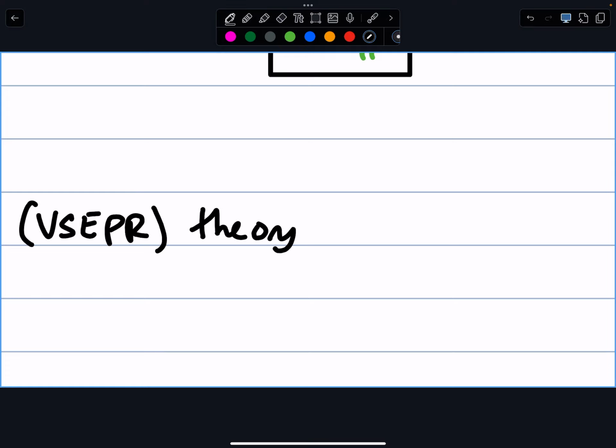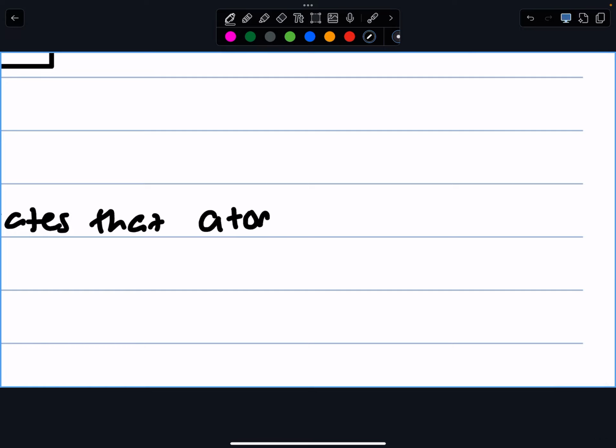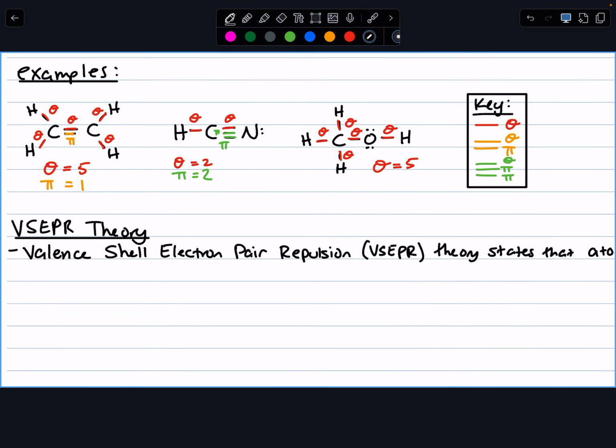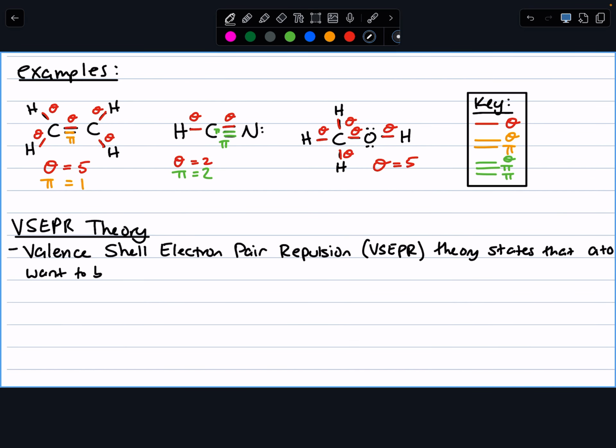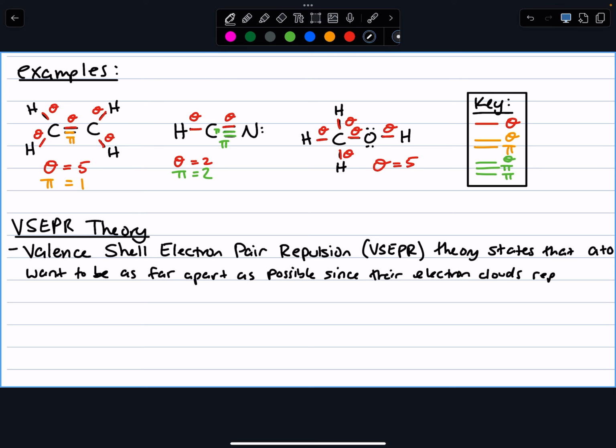And this theory states that atoms in molecules want to be as far apart as possible, since their electron clouds repel each other.